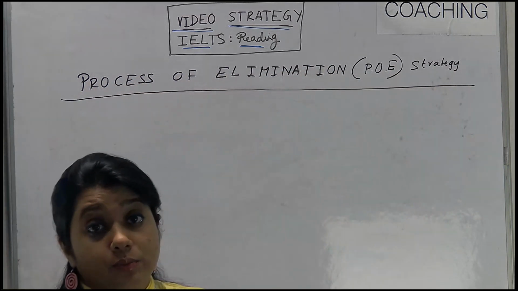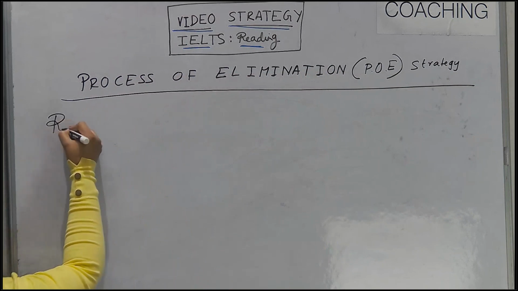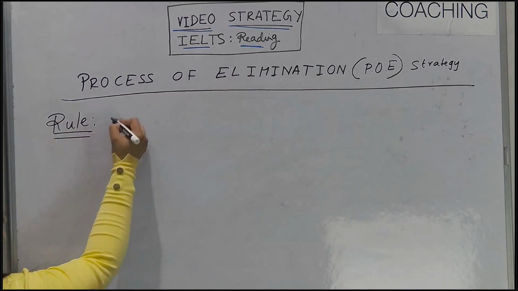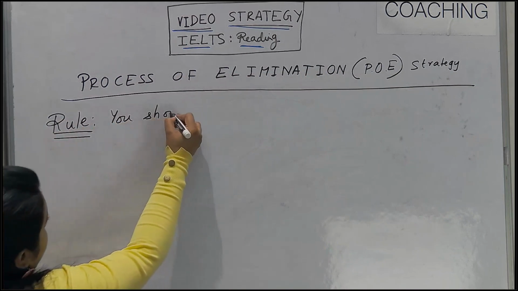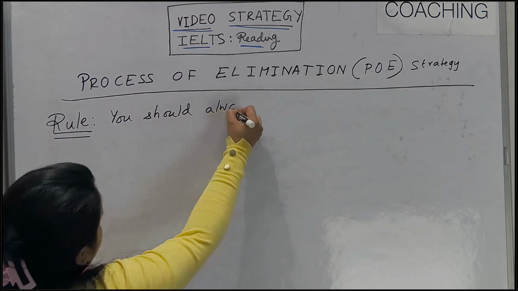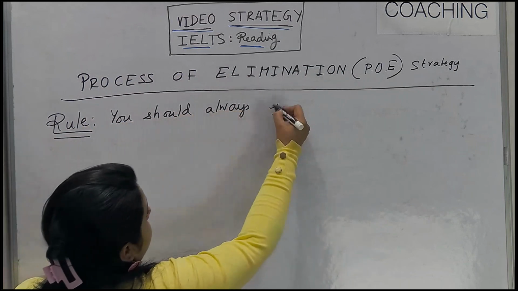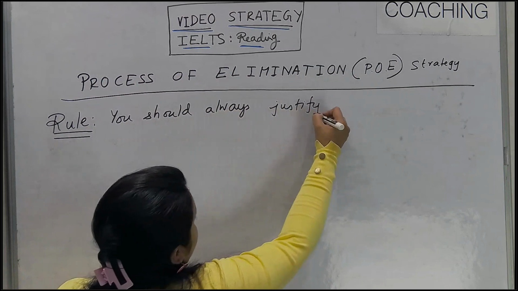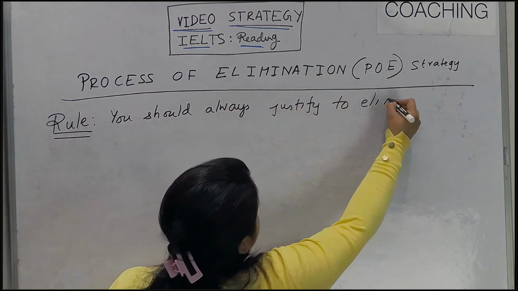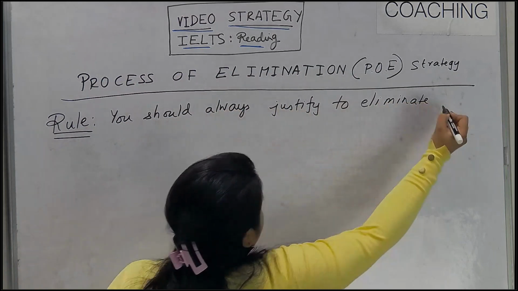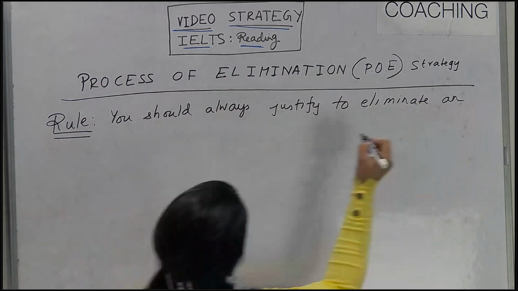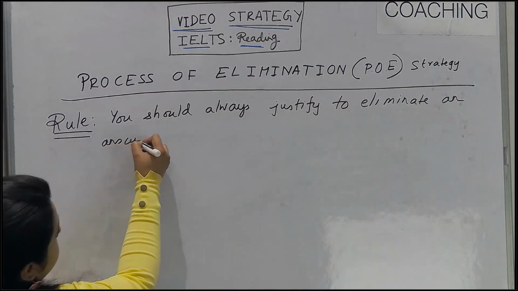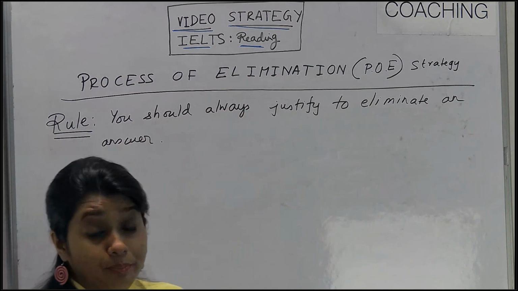So what does POE tell you? The rule says you should always justify to eliminate an answer. That's what the process of elimination strategy tells you to do.